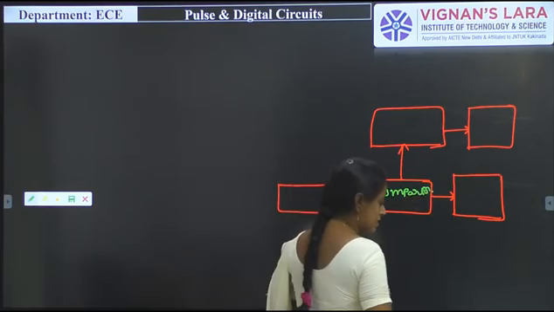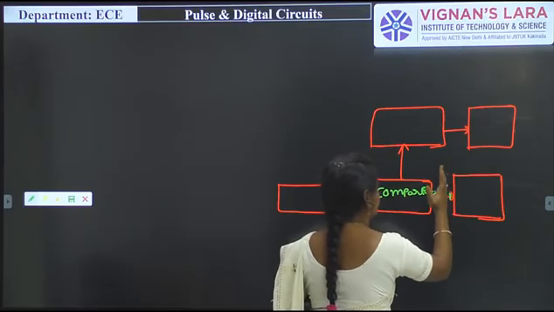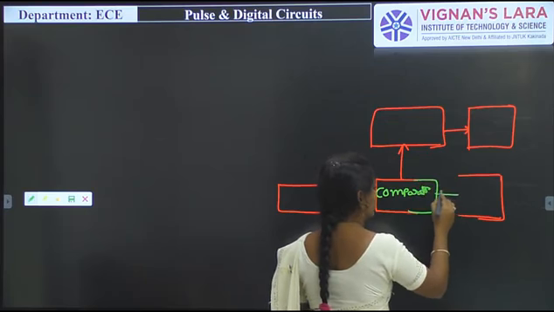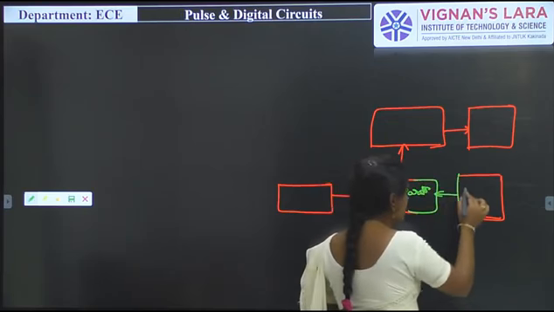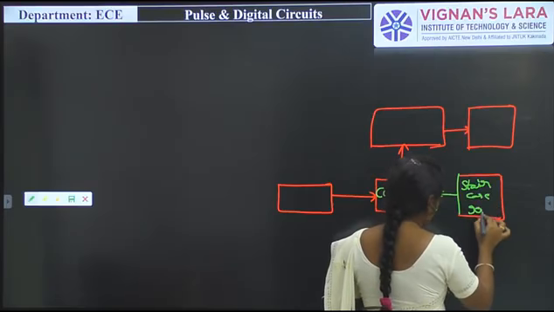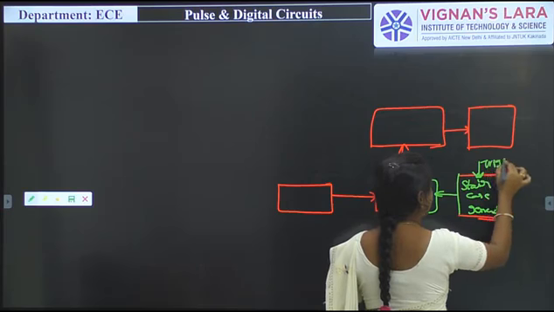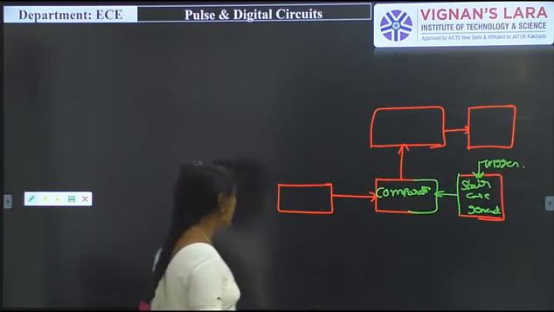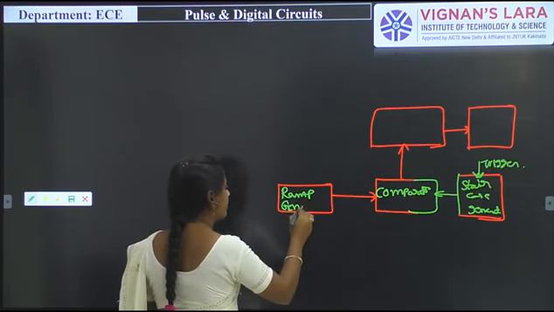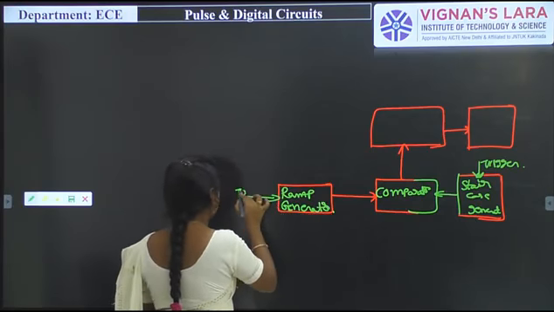Sorry, the arrow mark will be in this direction, not this direction. And here I am giving a staircase signal from the staircase generator, and here I am giving a trigger pulse. At the same time, here I am giving a ramp generator which gives a ramp pulse, and this is given with the trigger.